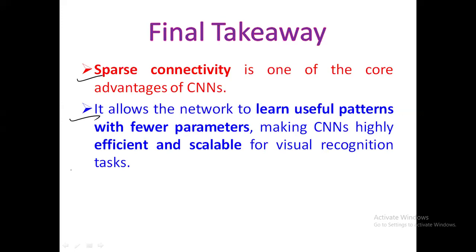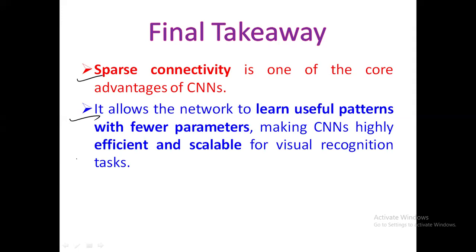This local to global feature extraction mechanism, made possible by sparse interactions, is a key reason why convolutional neural networks perform so well in computer vision and other real world problems.